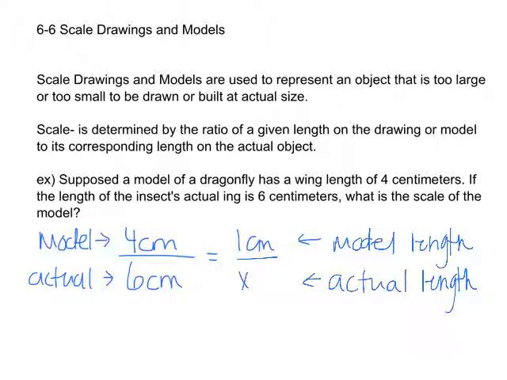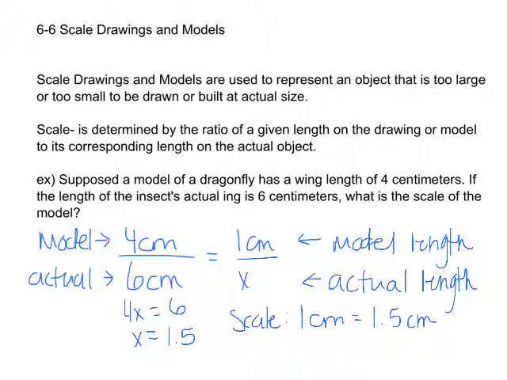All I'm going to do is solve using my proportions. So 4x equals 6. When I divide by 4 on both sides, I get 1.5. So our scale is that for every 1 centimeter on the model, it is going to equal 1.5 centimeters in actual length.